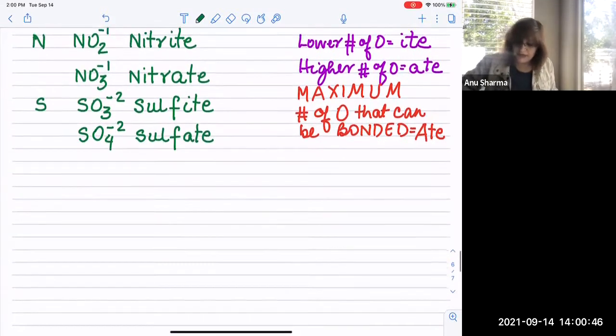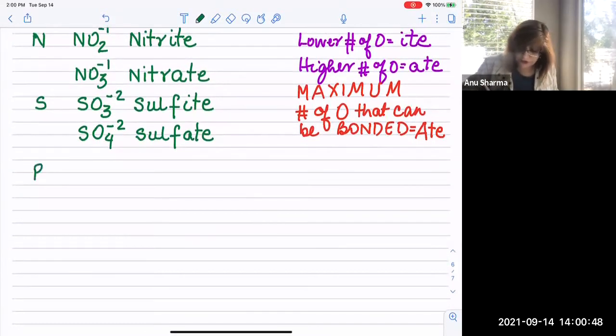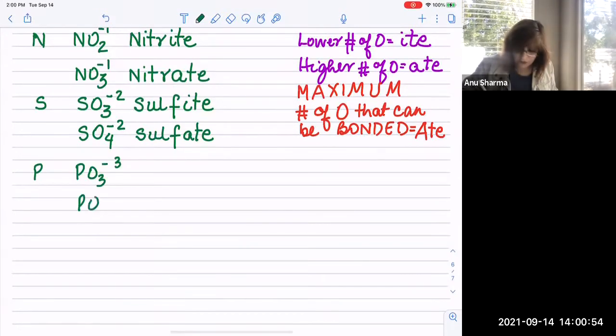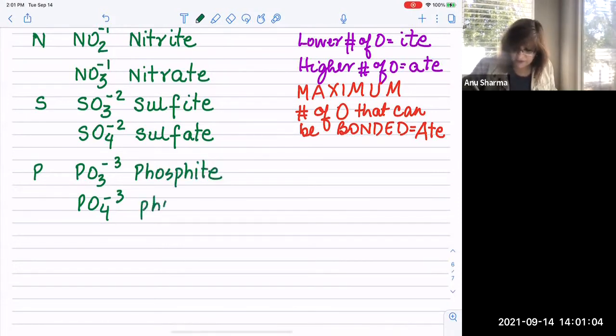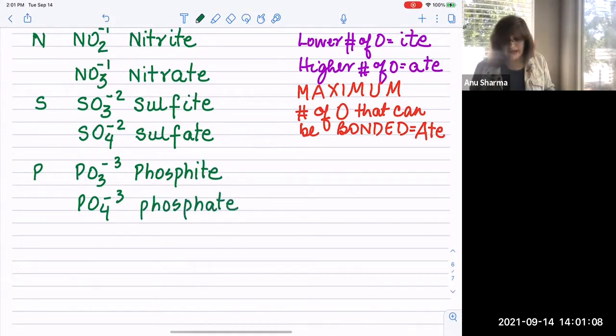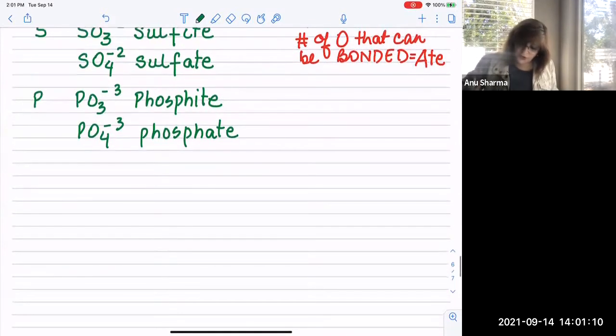Similarly, phosphorus has a capability to combine with 3 oxygens and have 3 negative charges, and it can also combine with 4 oxygens and have 3 negative charges. The lower oxidation state is phosphite, ITE. The higher oxidation state is phosphate, ATE.